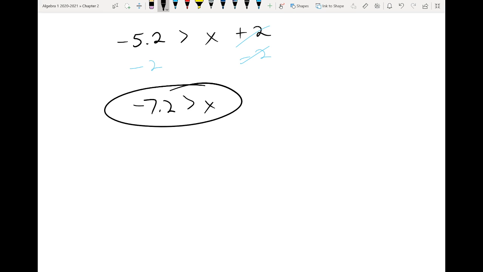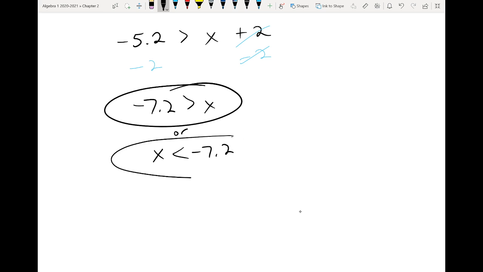But the other way we want to write this, guys, is where x is on the left side. So remember, we have to flip our inequality sign, as we discussed previously, to make this an identical statement, right?